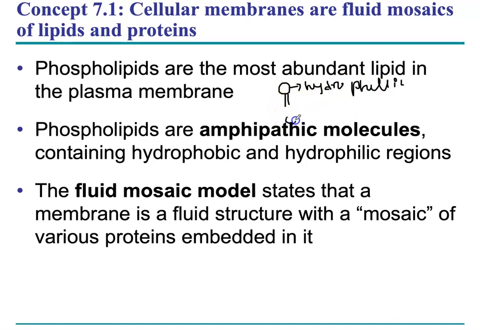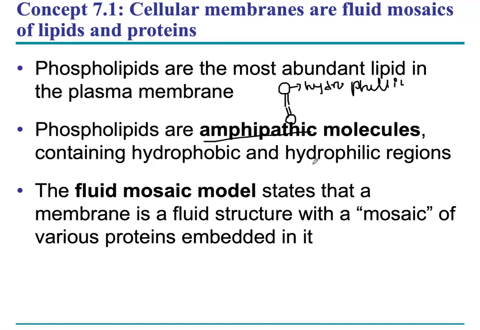The tails are in the middle and form a pack, and the heads are on the outside and the inside. These molecules are called amphipathic, which means they have both a hydrophilic as well as a hydrophobic region. The phospholipid bilayer is also called a fluid mosaic model.